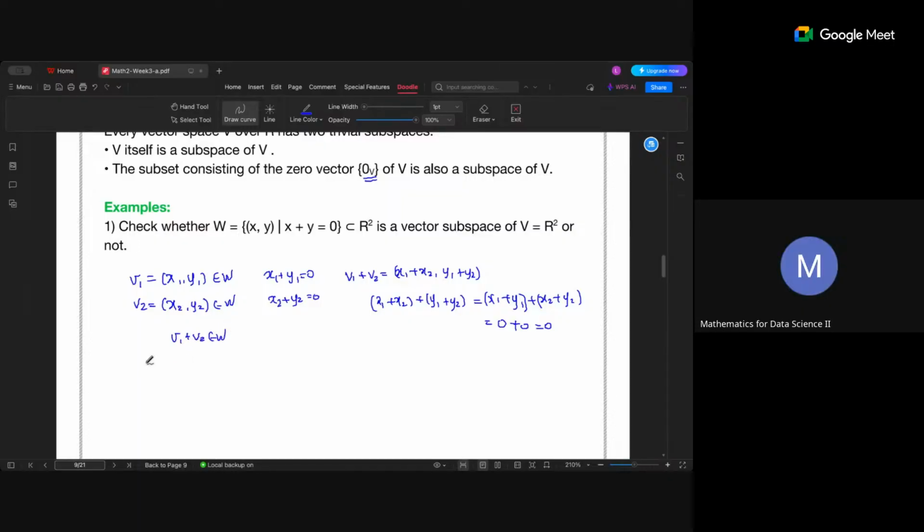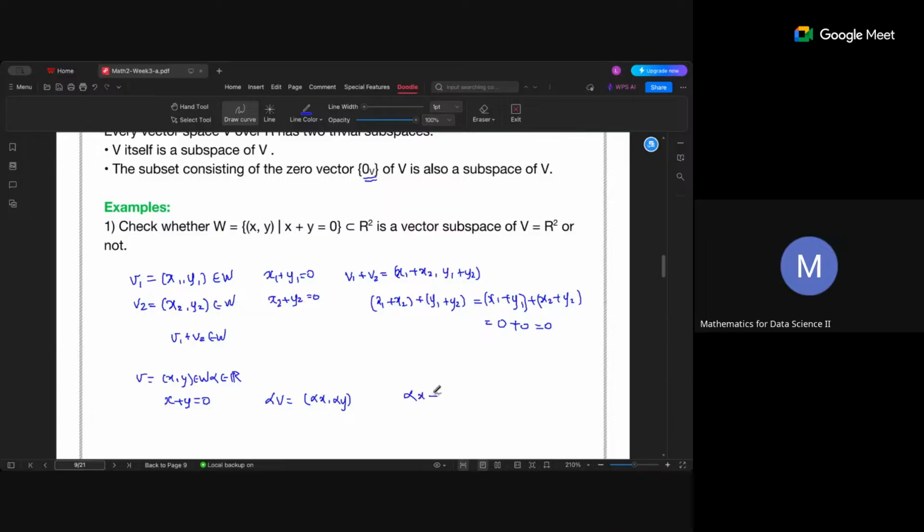What is the next condition? You take V, which is (x, y), and you take alpha in R. Now you know that if V is in W, then x plus y is 0. So what will you have? Alpha times V is (alpha x, alpha y).